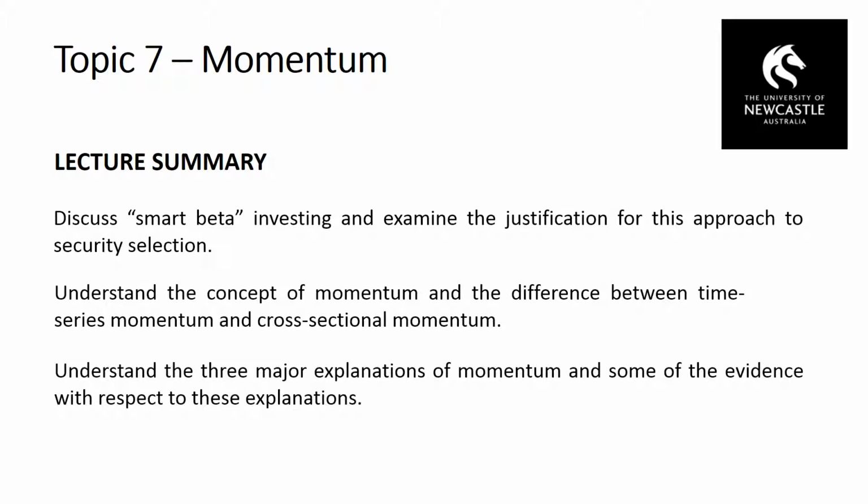If you buy past winners and sell past losers, what we tend to do with a momentum strategy is rebalance our portfolio every 12 months. That is, at the end of each year, we reassess which stocks were the winners and which were the losers, and we adjust the constituents of our buy and sell positions accordingly so that we continue to have exposure to those most recent winners and losers.